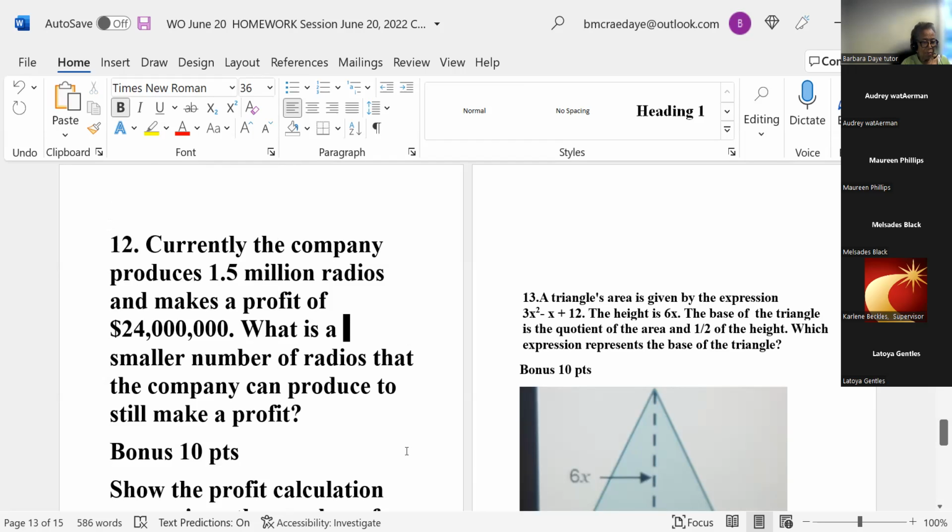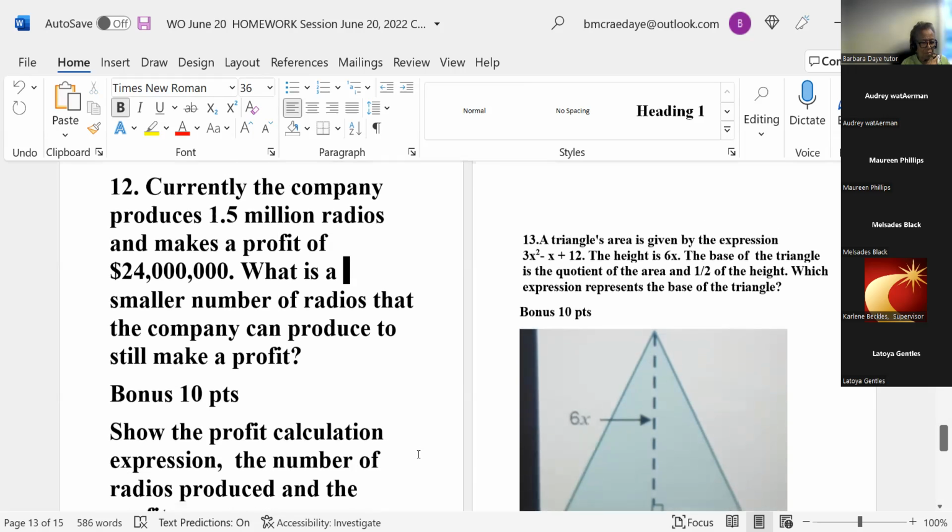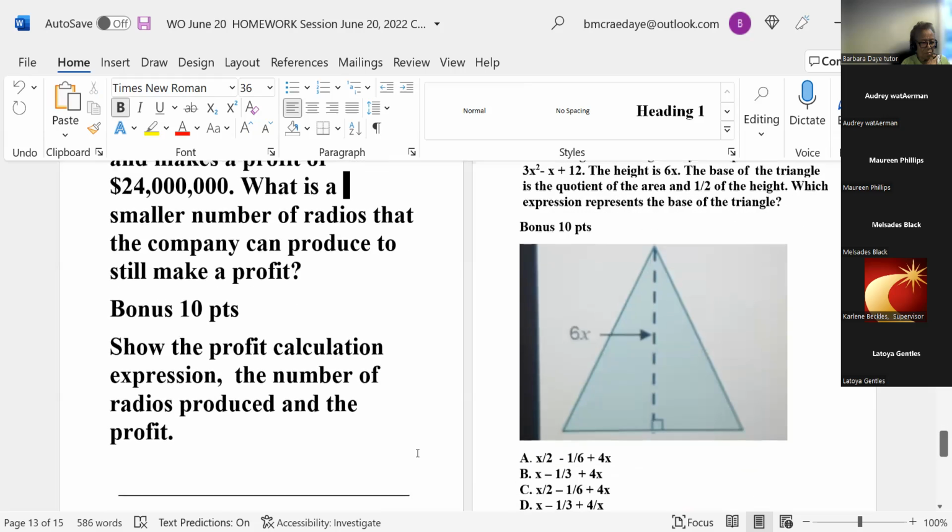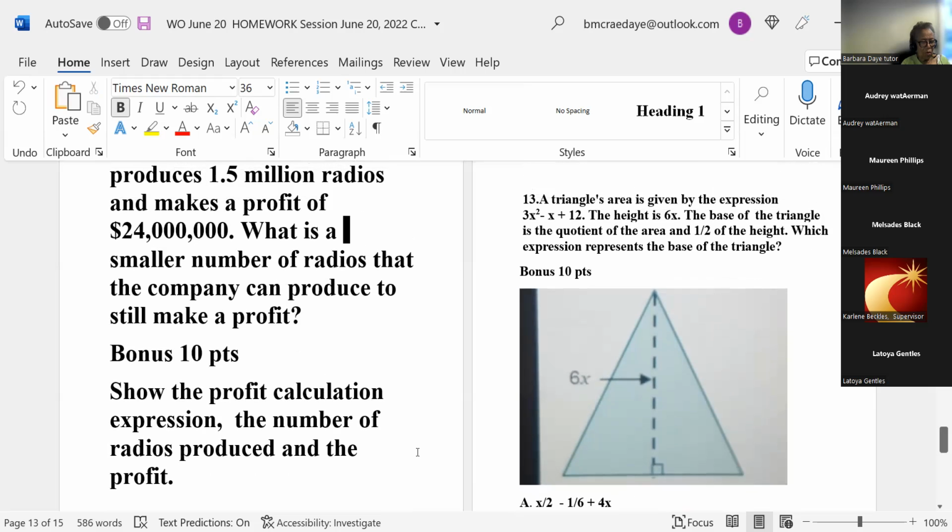It says currently the company produced 1.5 million radios and makes a profit of $24 million. What is a smaller number of radios that the company can produce and still make a profit? Show the profit calculation.